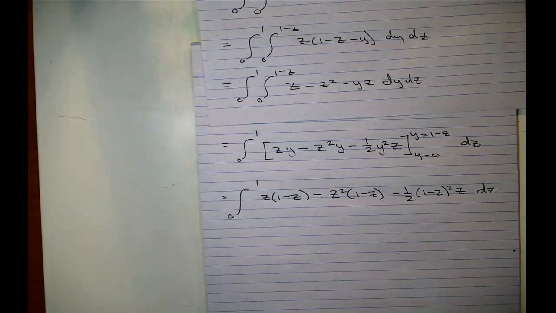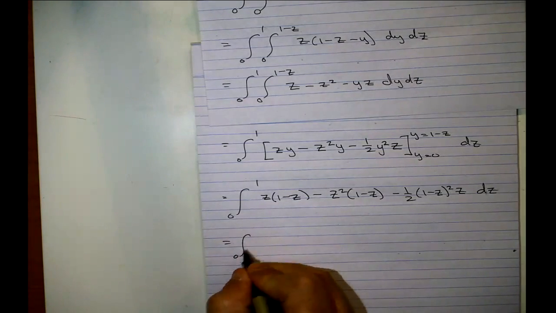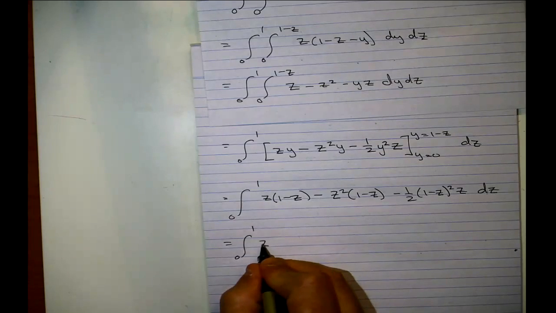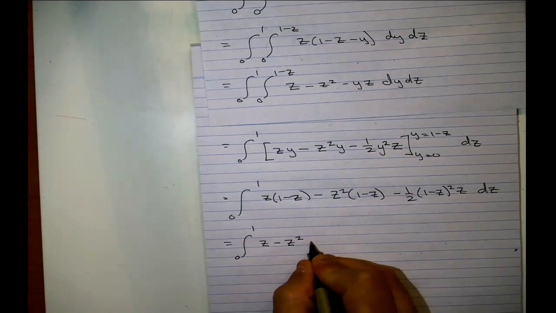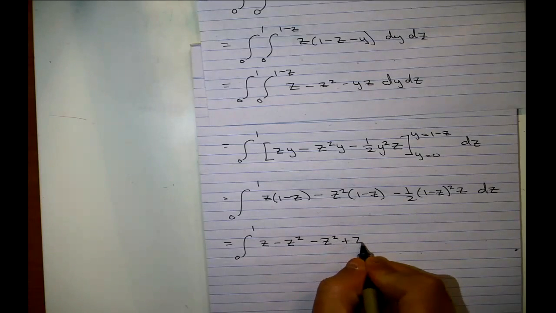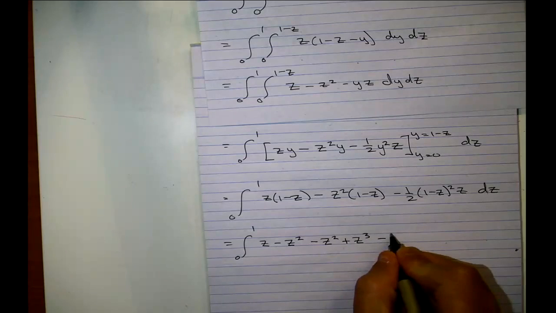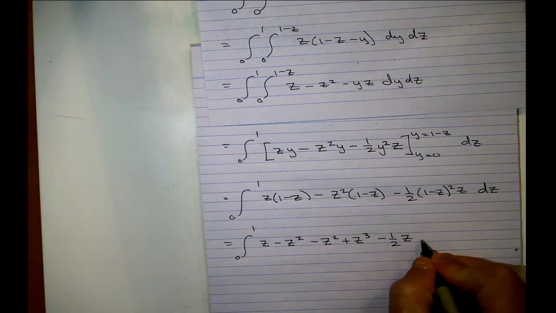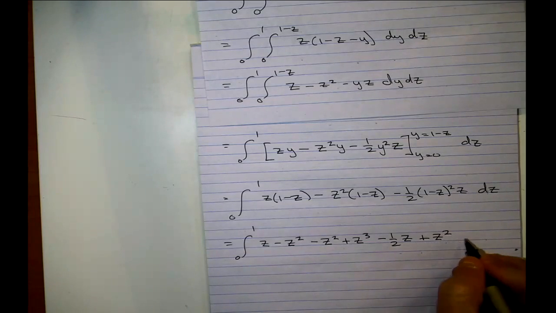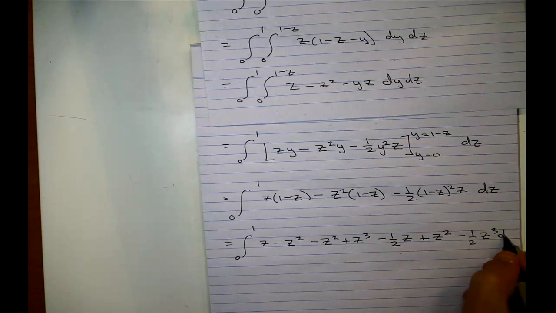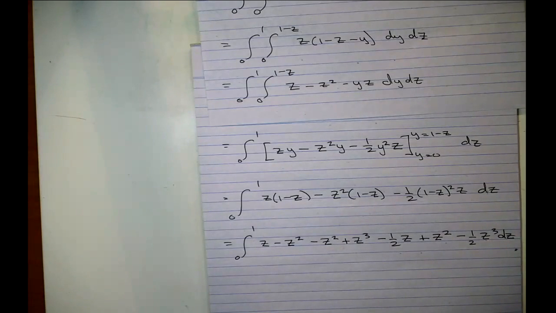If you expand all this out, let's do it carefully. Right, so I've expanded the 1 minus z all squared times z in one hit, and hopefully I haven't stuffed it up. Now, what do we have here?